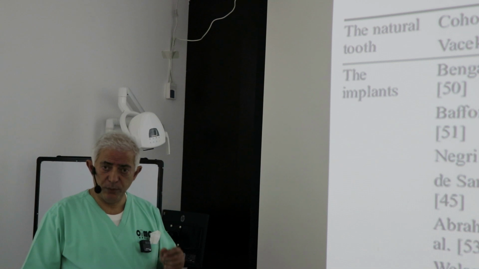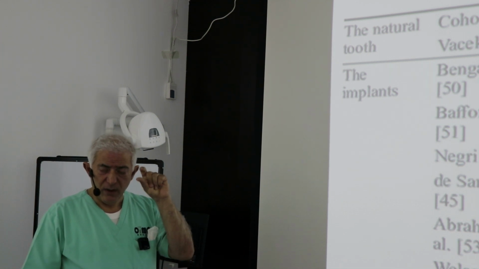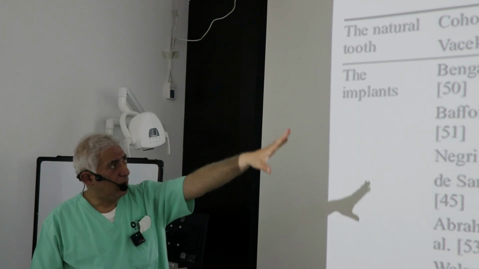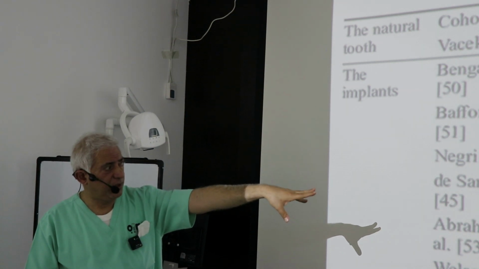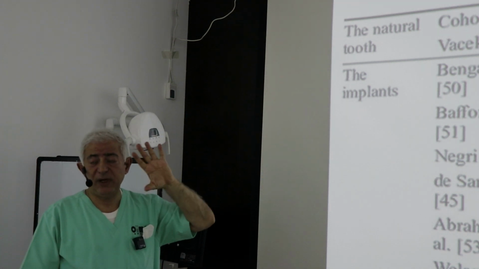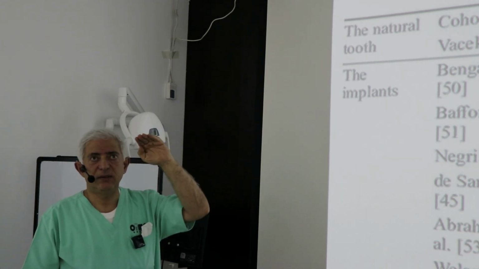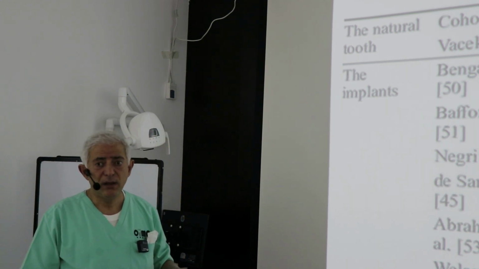If you have only 2 millimeter, which is very rare, normally it's 3, according to all the articles we see. Average is 3 and more than 3. So if you really have 2, then you place the implant 5 millimeter from the gingival level. That means 3 millimeter below the bone level.